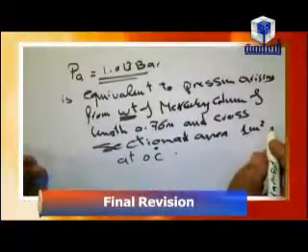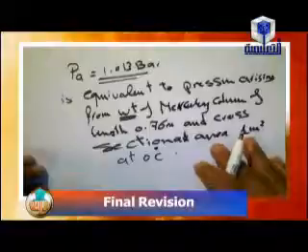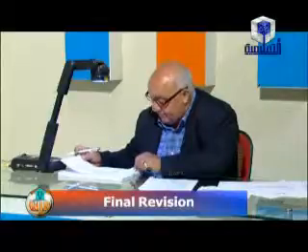So 1.013 bar is equivalent to the pressure arising from the weight of a mercury column of length 0.76 meter and cross-sectional area 1 meter square at 0 degree.